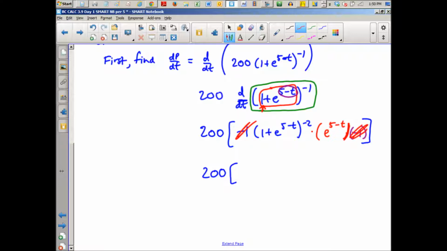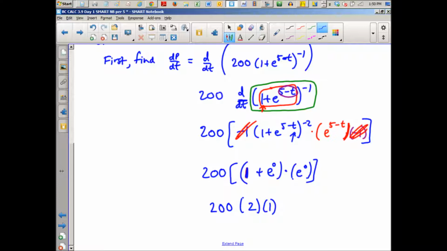And we really just have 1 plus e, and I'm plugging in 5 for the t, so it's going to be 1 plus e to the 0, times e to the 0.